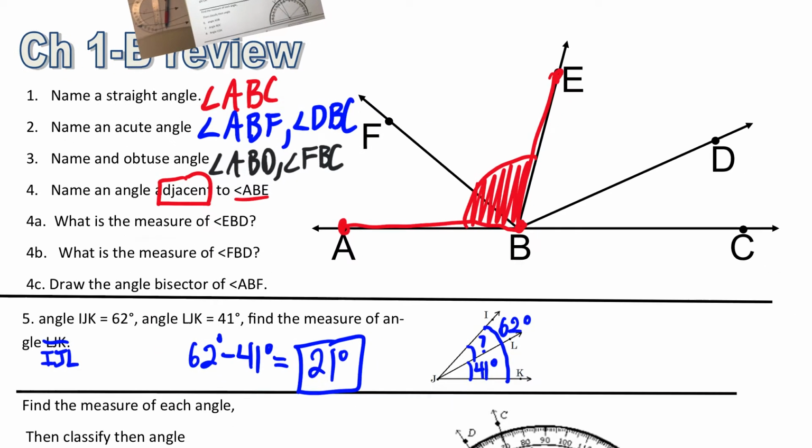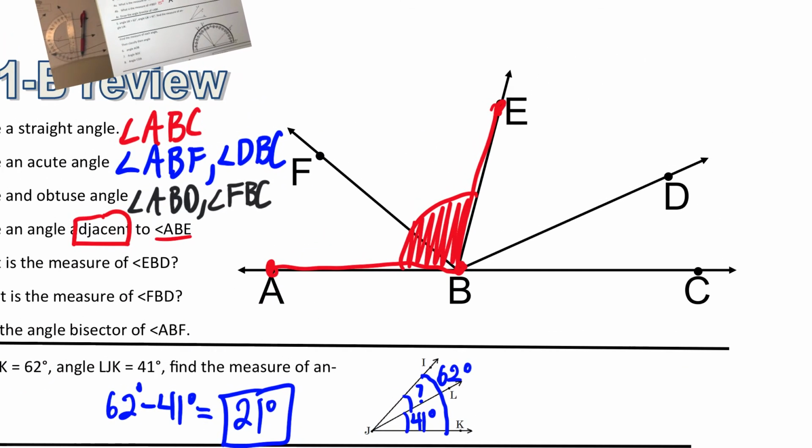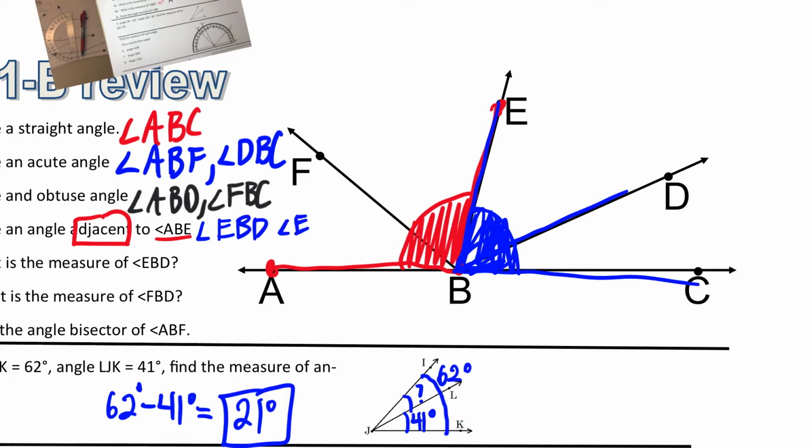Okay, for it to be adjacent, it cannot be inside of it. It has to be next to it. So EBC, okay, EBD would work. Or if you had EBC, same thing, either of those would be good. So angle EBD or angle EBC would be good.